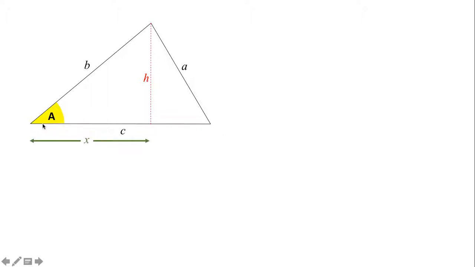I'm going to label the length of the left-hand side right-angled triangle as x. So the whole base of the big triangle is c, but I've labeled the part of it that makes this right-angled triangle as x. Then I've got another right-angled triangle on the right-hand side, so the length of that is c minus x.